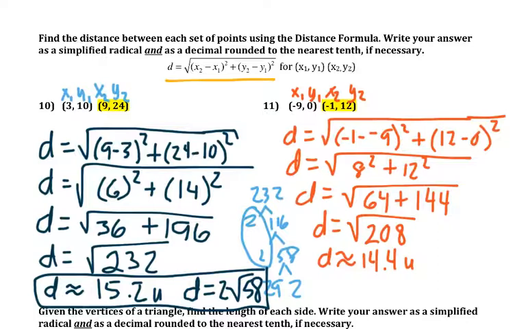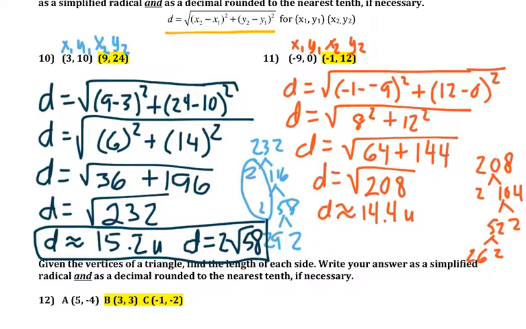Now we've got to simplify our square root. So we've got to take 208 and prime factor it. So we'll go 2, 104. Then we can go 2, and that would be 52. Then we divide 52 by 2, and we get 26. And 26 factors to 2 and 13. 13 is prime.